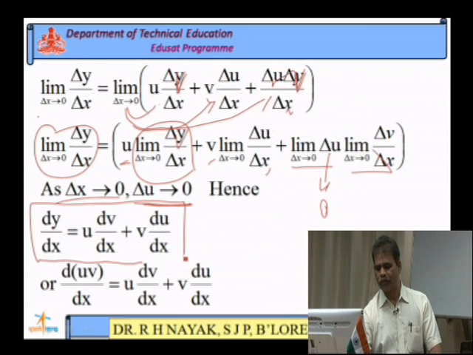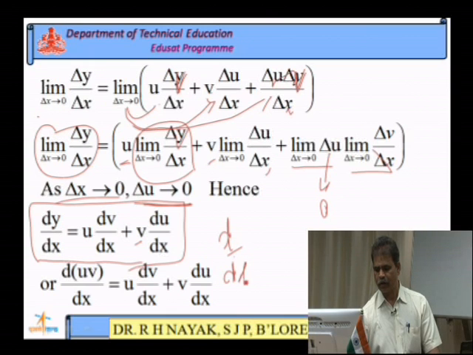Differentiation of a product of two functions is taken as: keep the first function as it is, differentiate the second function, plus keep the second function as it is and differentiate the first function. That is, d by dx of uv can also be taken like this: u into v dash, plus v into u dash.